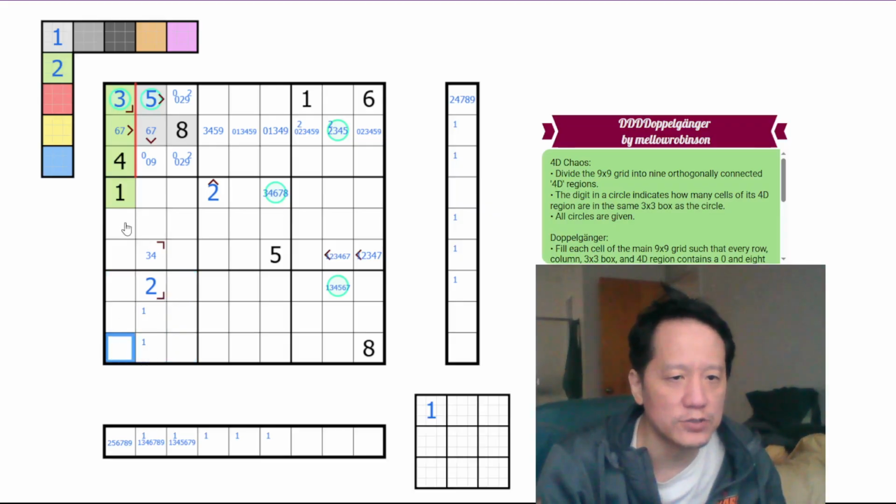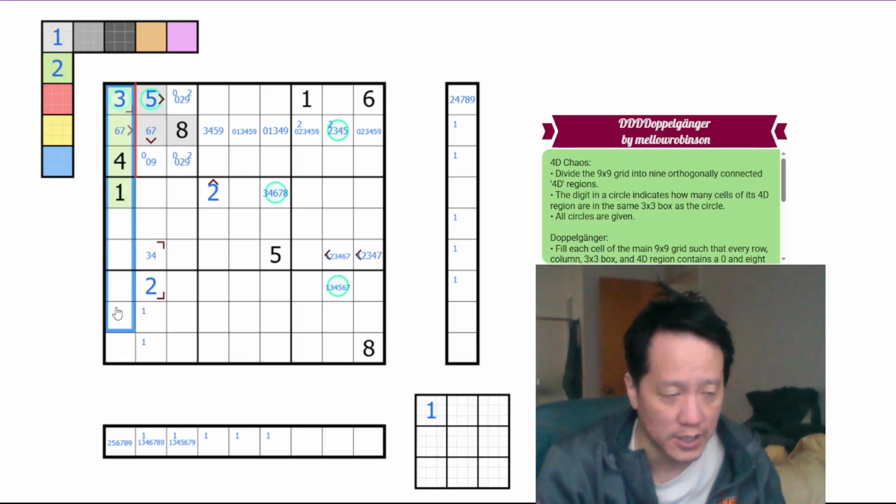So this can't. So therefore, 2 would be missing in column 1, and the 0 would be missing a 2 in the green region, which is not allowed.